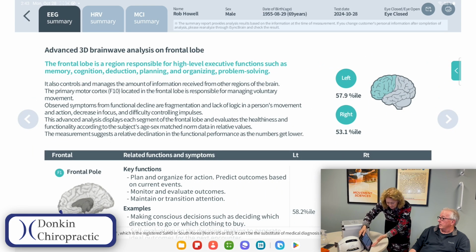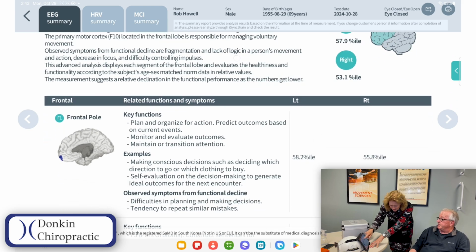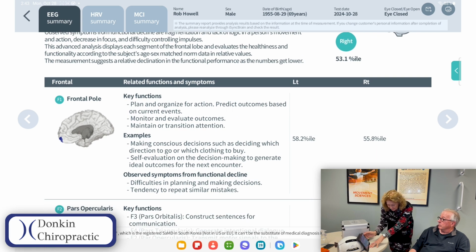So then what we have, and this is what I love about this report, is we go into the frontal lobe and it talks about the frontal lobe, what it's responsible for, but then it goes into every section of the frontal lobe and gives your percentile ranking, right and left side of the frontal lobe. So, for example, the first part here is the frontal pole.